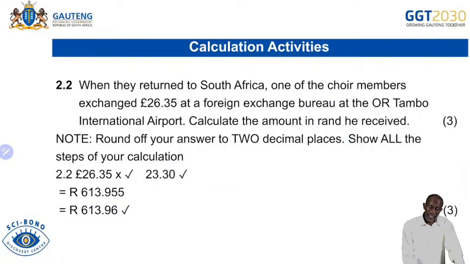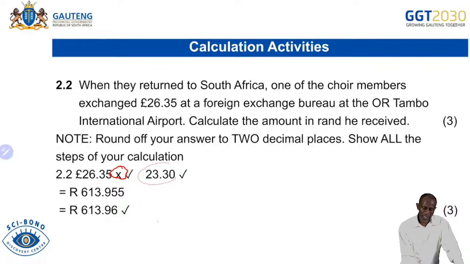When we convert foreign currency into South African rand, you would always use the multiplication symbol: 26.35 pounds multiplied by 23.30, which is the rate of exchange. In this instance, it is the bank buying rate, because the bank buys foreign currency.